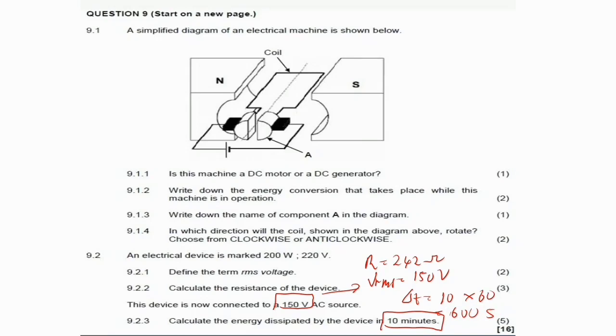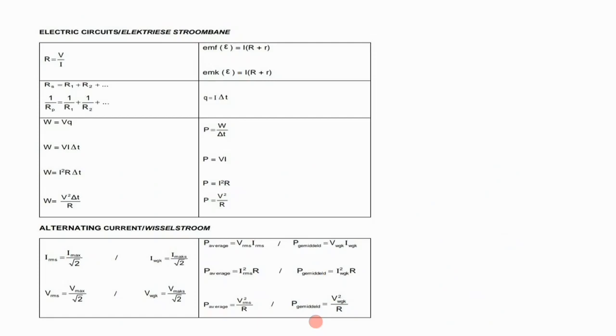So we have our data: resistance, VRMS, and change in time. What are we looking for? We are looking for W, which is the energy dissipated. Energy, remember, is work done. What formula are we looking for? We have VRMS, which in this case is 150 volts, R is still 242 ohms, and the change in time is 600 seconds.